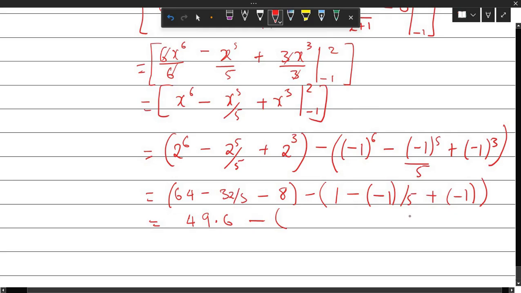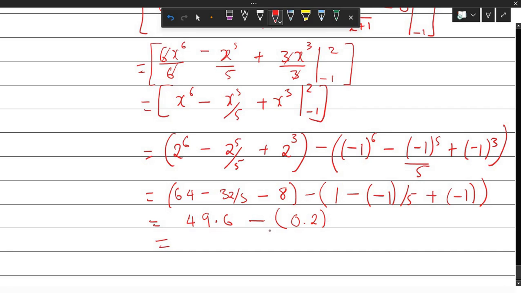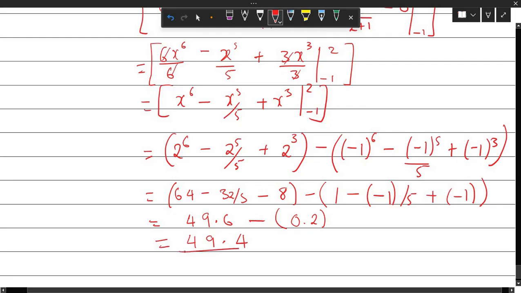The answer will be 0.2. So 49.6 minus 0.2 gives our answer, 49.4. This is your final answer.